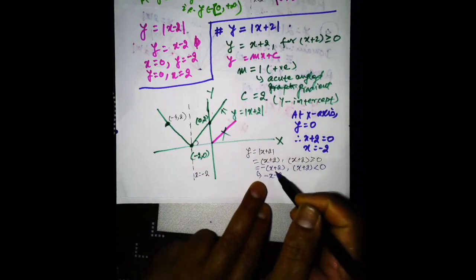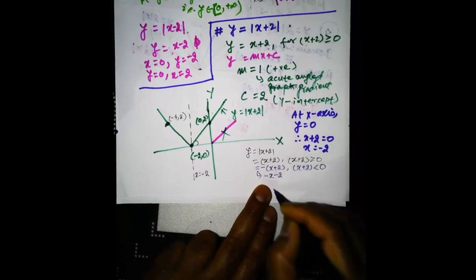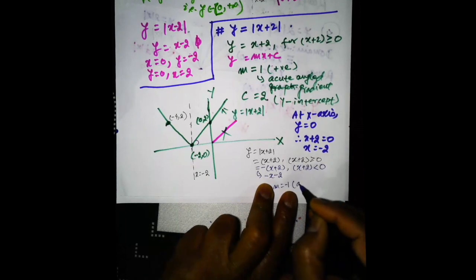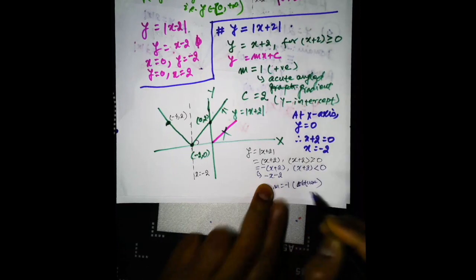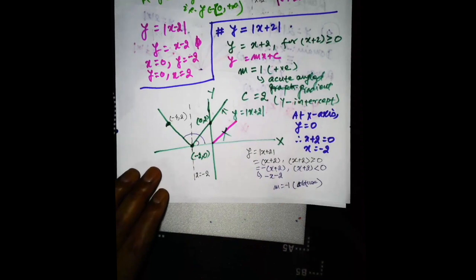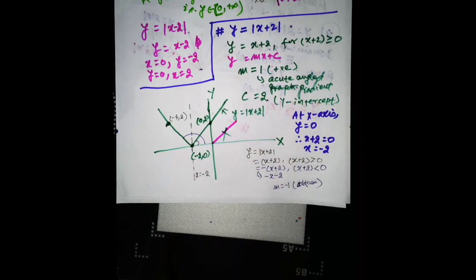But when you take this equation, your gradient is minus 1. It gives you an obtuse angled gradient. You can see here this angle is greater than 90 degrees. So this way you can analyze the graph.